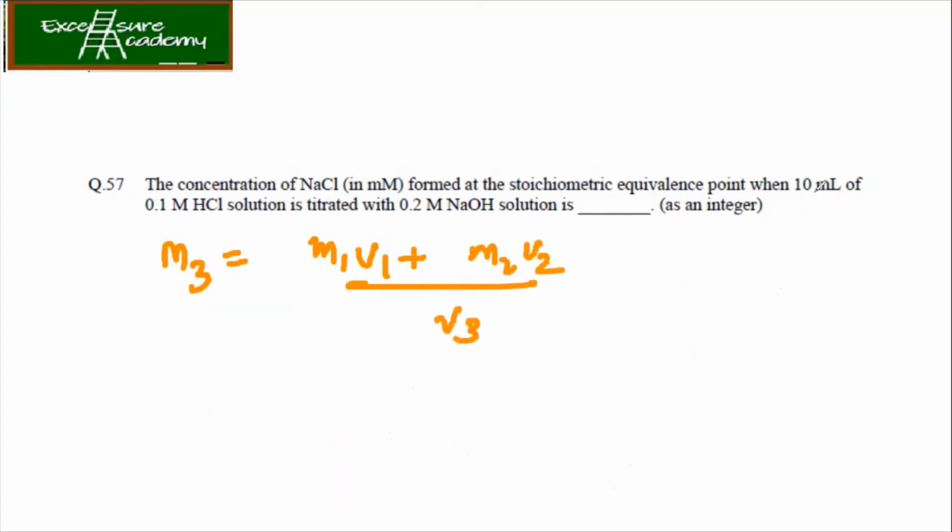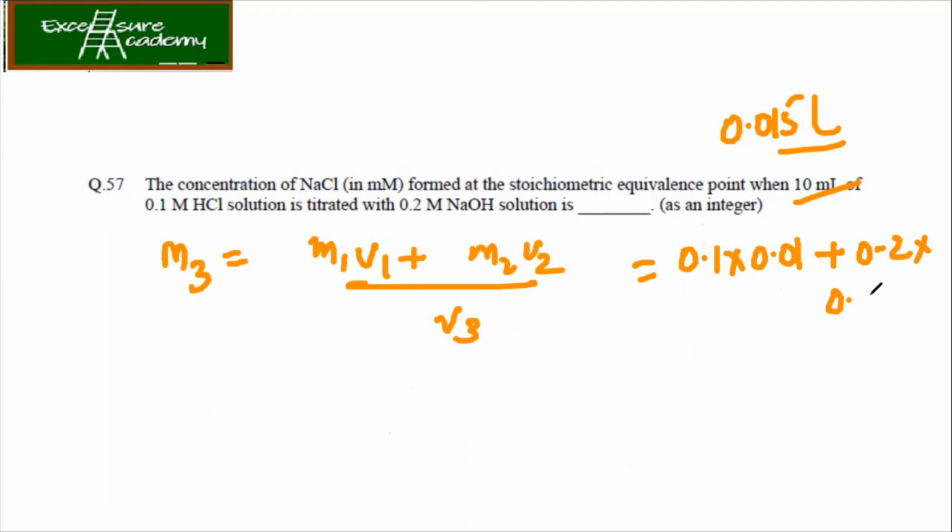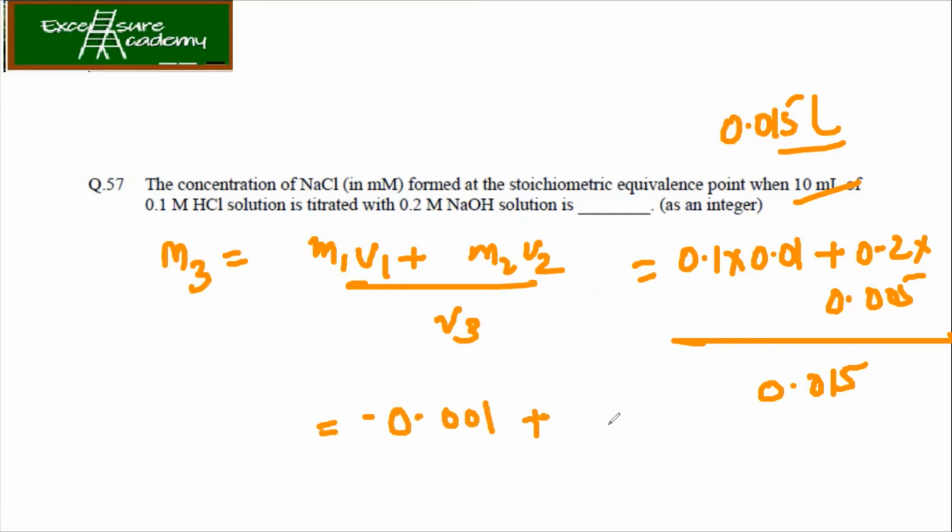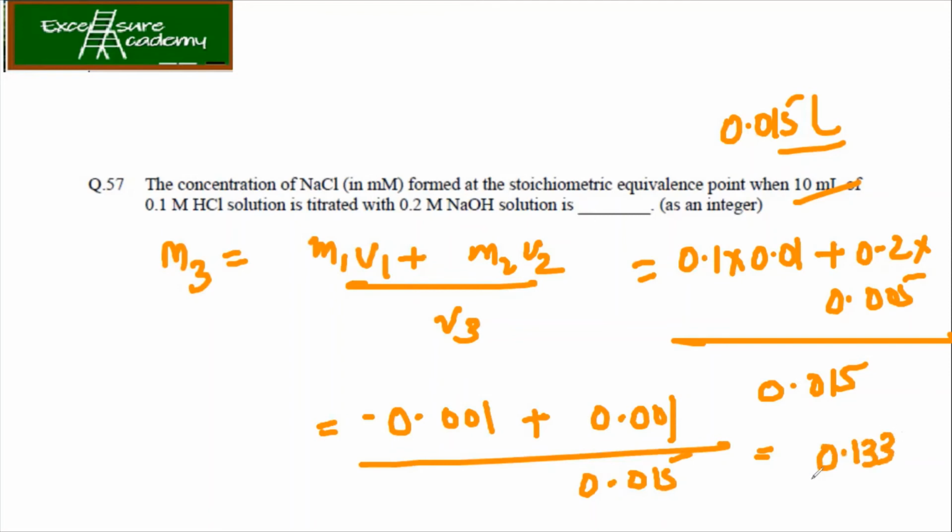V3, on addition of this and that, we got 0.015 liter, right? So we put that value over here: 0.1 into 0.01 plus 0.2 into 0.005 divided by 0.015. When you solve all this, you get 0.001 plus 0.001 divided by 0.015, that is 0.133.